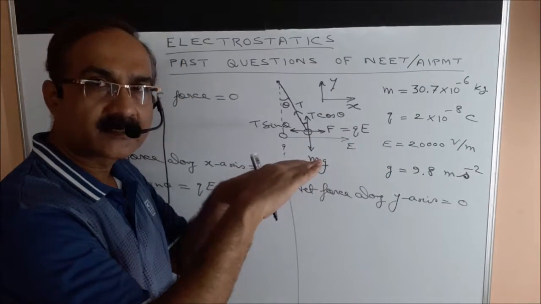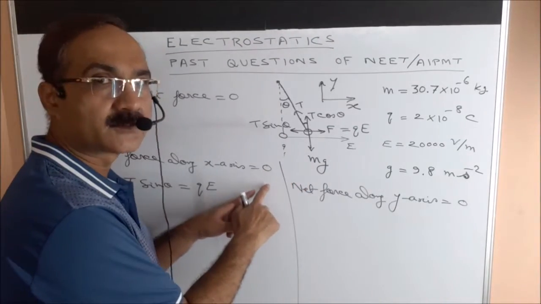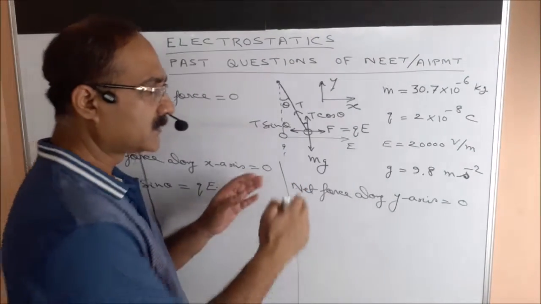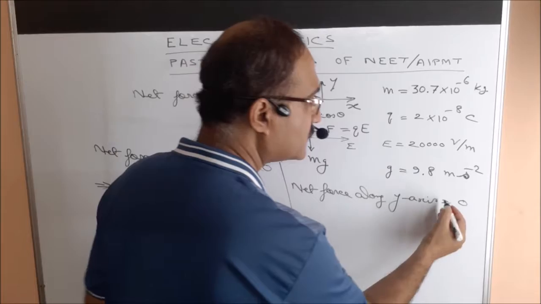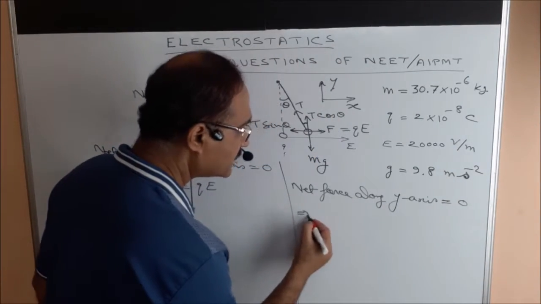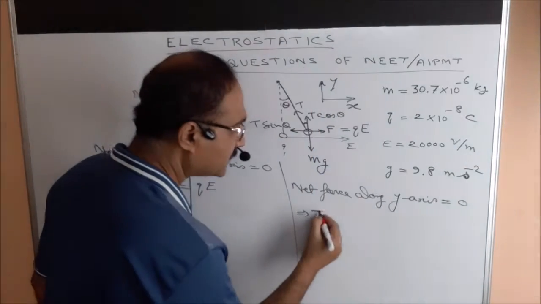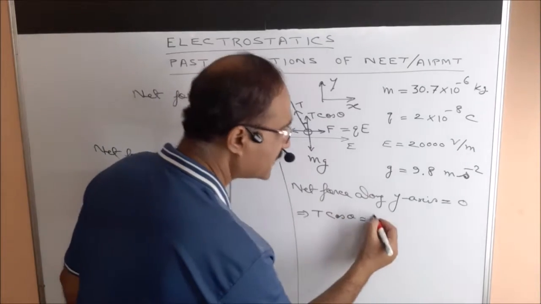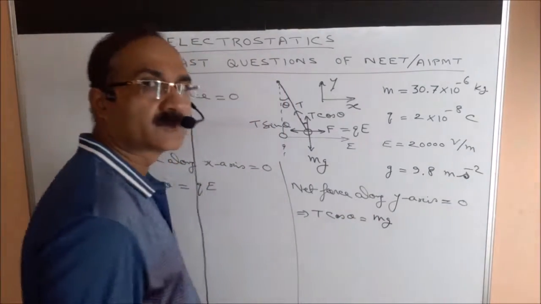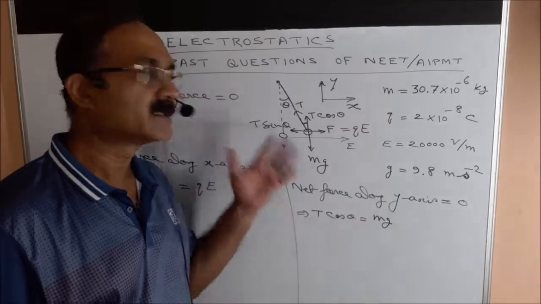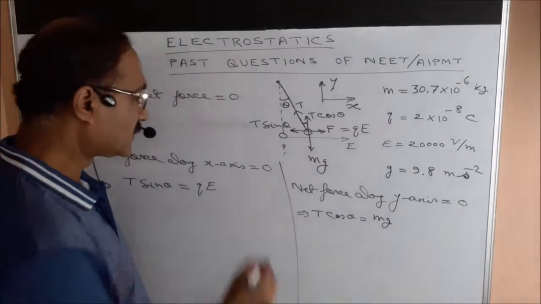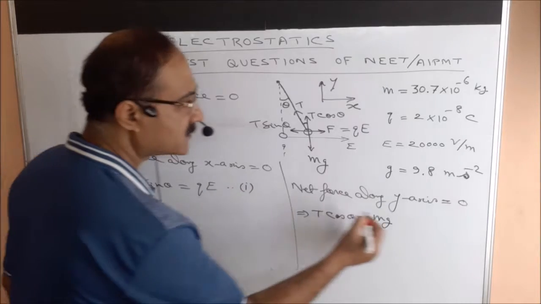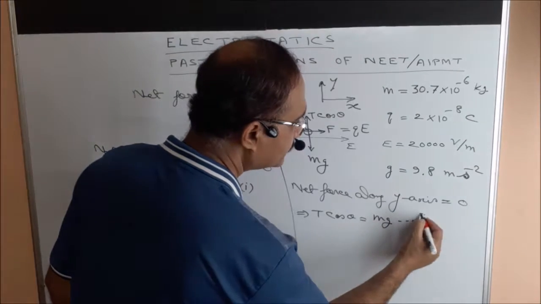They will cancel each other out, so net force is 0. Similarly, net force along y-axis equal to 0. This will give us T cos theta vertically upward is equal to vertically downward force is mg. So these are the two equations we get here. And if I call it equation number 1, this is equation number 2.